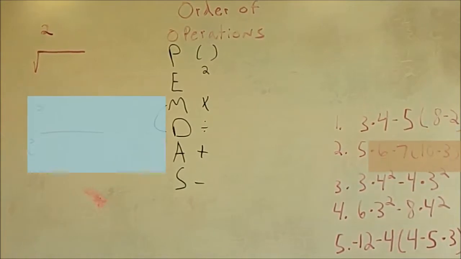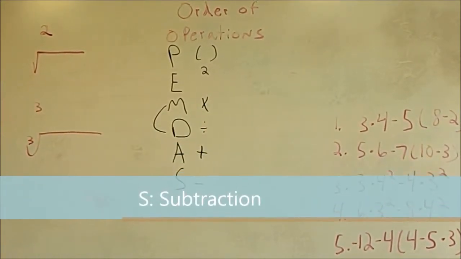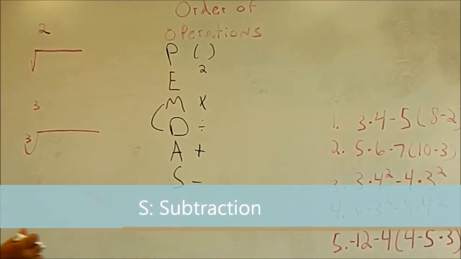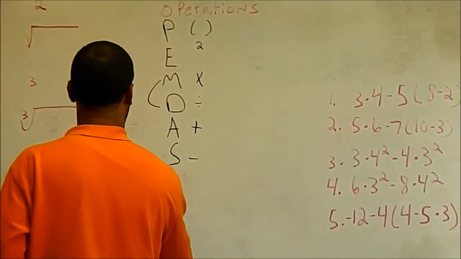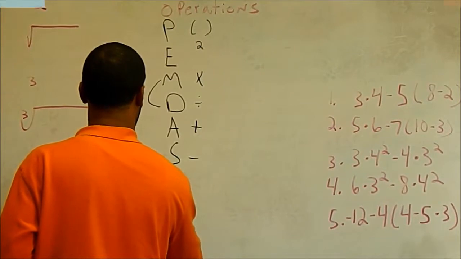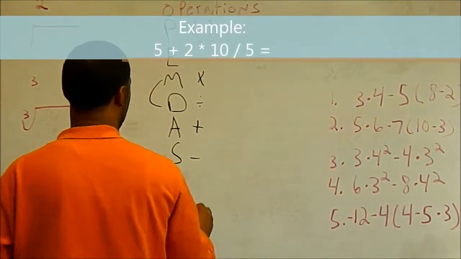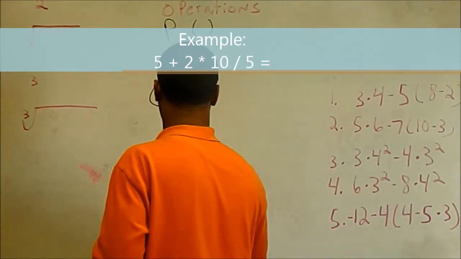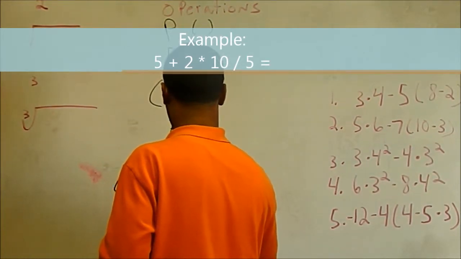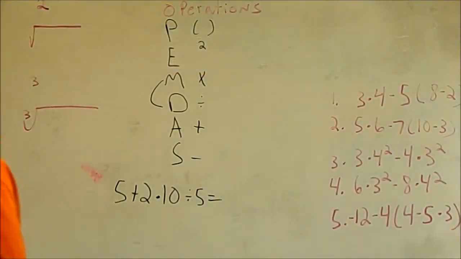So, when we're working out a problem, I'll give you guys an example. Let's say we have 5 plus 2 times 10 divided by 5 equals what?